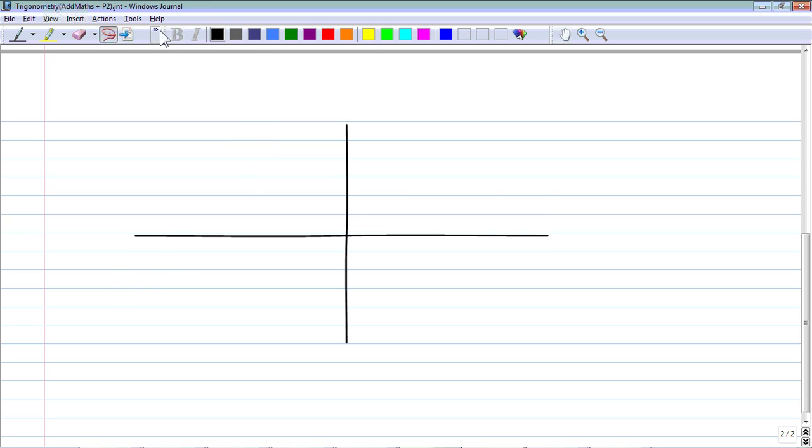Okay, so there are axes, and just for variety let's call the angle theta instead of x. I'm going to try to draw, first of all, using a red colour, cosec or cosecant theta. Now we know that cosecant theta is 1 over sine theta.